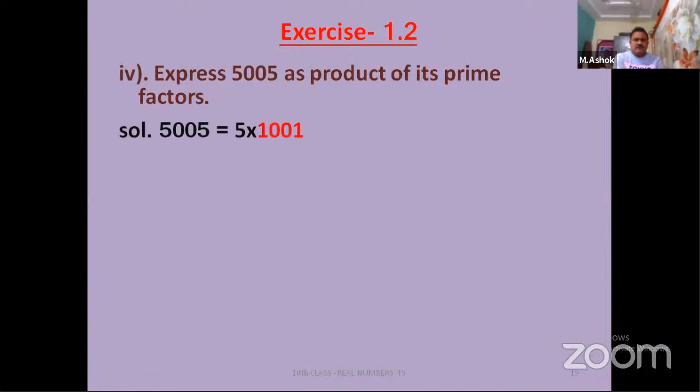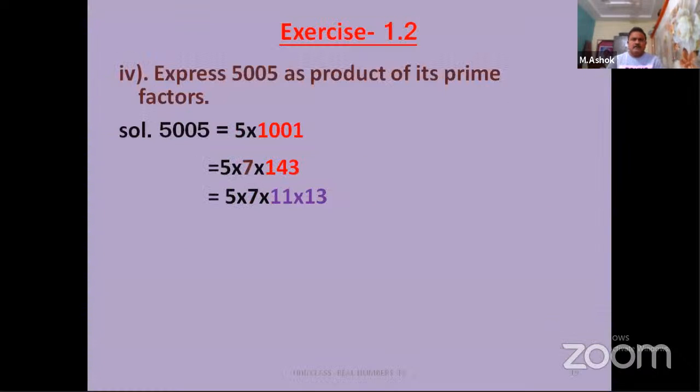The first step, 5 into 1001. 1001 can be written as 7 into 143, and again 5 into 7 into 11 into 13. These are the prime factors of 5005. So the remaining sums, solve yourself. Based on these two examples, a few more sums are there in exercise 1.2, first bit.